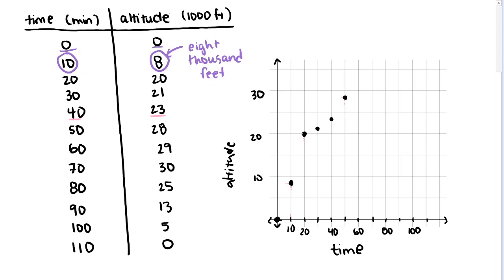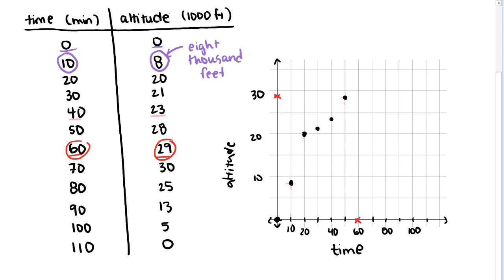One thing I want to deter you from thinking, so maybe let's look at this next one. So we already did 50. So here, I've got 60 and 29. One thing that you would not do to plot this information on the grid on the right is I would not just plot one point at 60 for time and one point at 29 on our altitude axis, right? This is not two different points, this is one point, right?